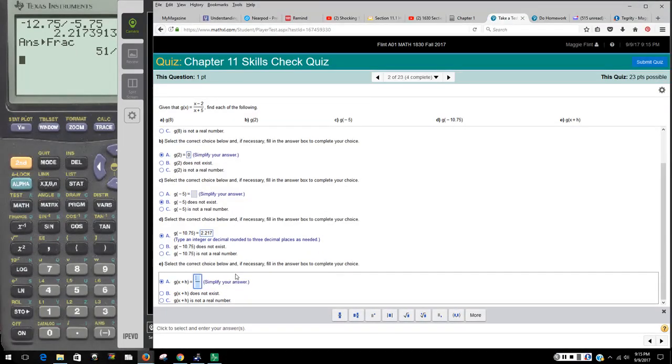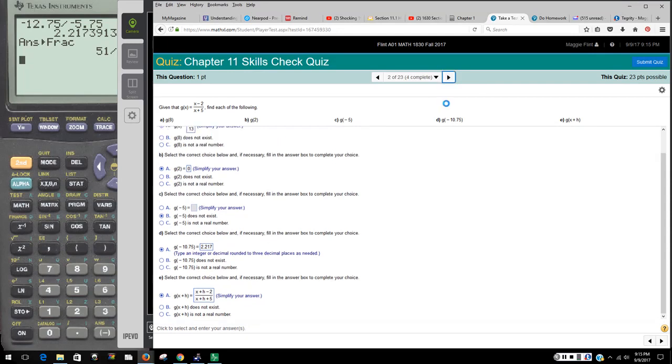So we're going to need a fraction for the answer, and that's going to be x plus h minus 2 over x plus h plus 5. And move to the next question.